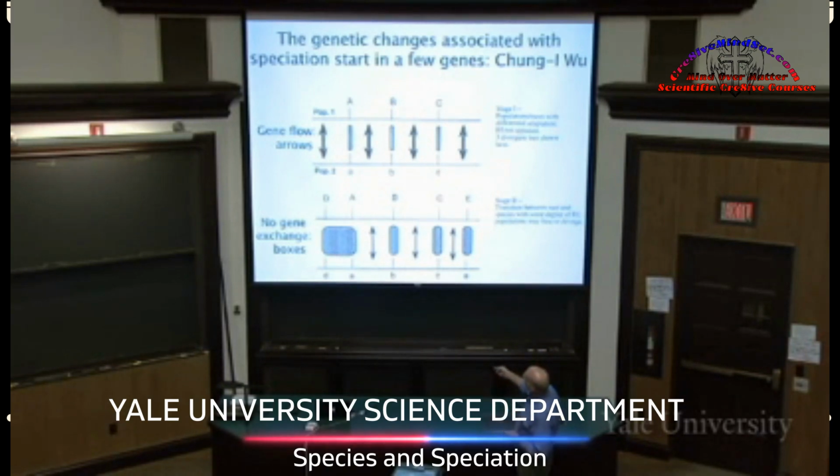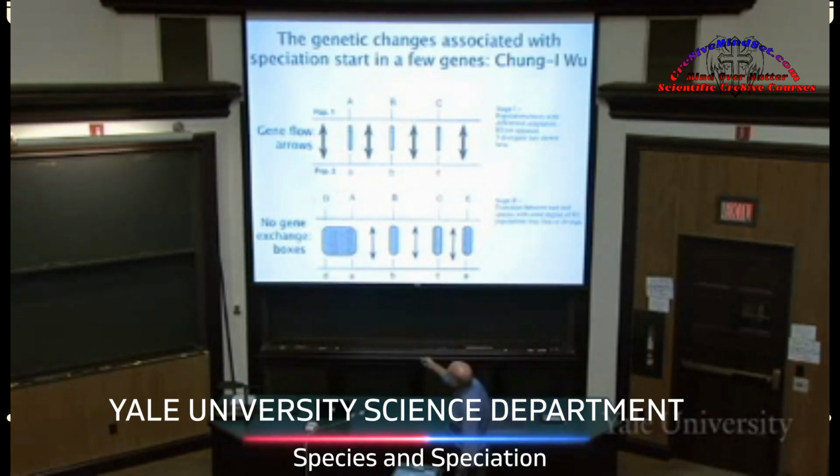Then, in the second stage, there starts to be some block to gene exchange. And here we are at a level where we're getting a transition between a race and a species, or between a race and a subspecies, with some degree of reproductive isolation. And at this stage, the populations could fuse or they could diverge.